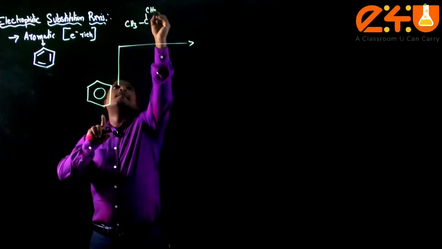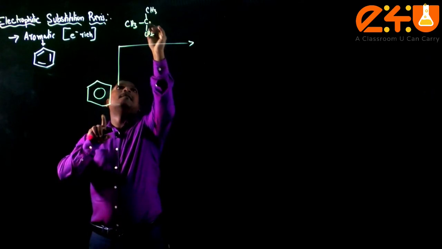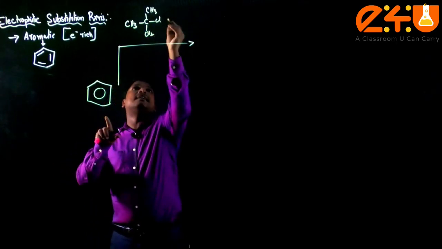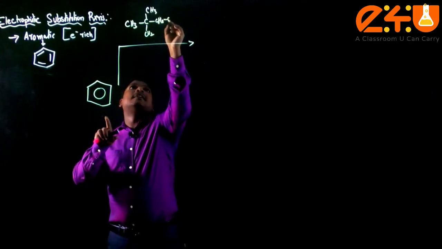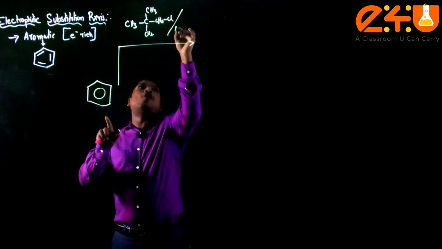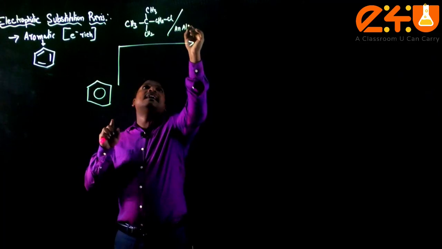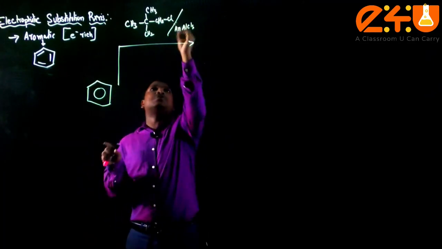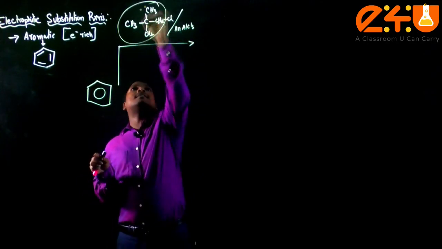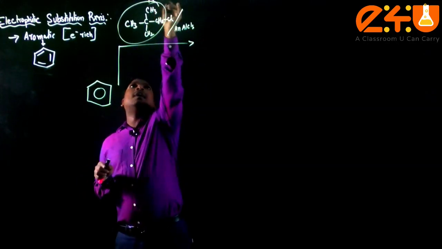Example, we'll take this alkyl group in presence of anhydrous AlCl3. Now what the majority of students mistakenly do is, as usual, they imagine this is our R part and this is Cl.